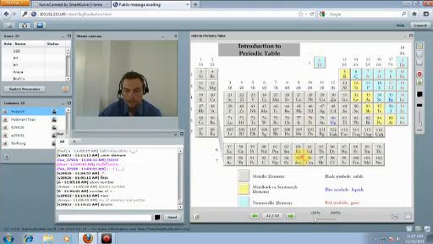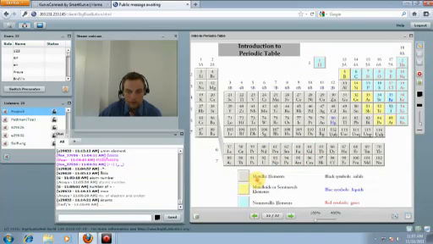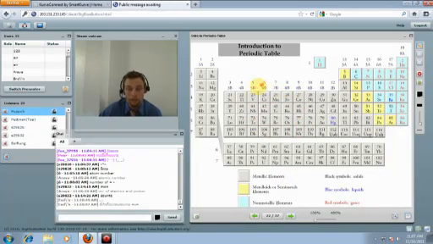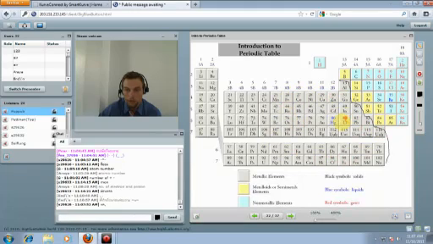And the reason is because this is separated into metals, metallic elements, which, as you can see, is most of these elements. These are all metals, except for mercury, which is a liquid, and we can discuss that later.